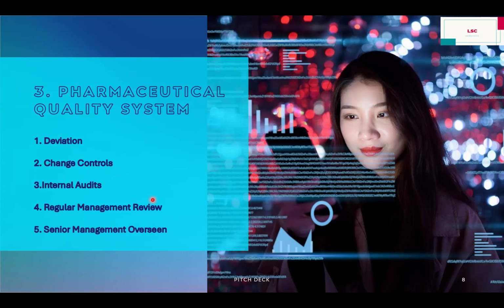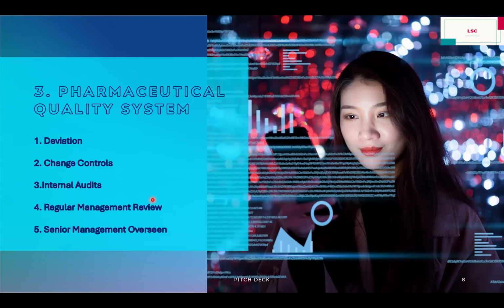What system? The pharmaceutical quality system. So the guidelines say that internal audits are planned, conducted, reported, and followed up to detect procedure deviations and ensure your three pillars are in okay condition. Okay.